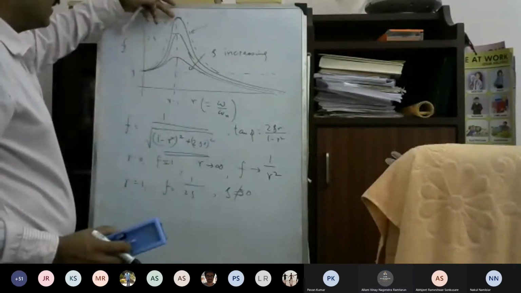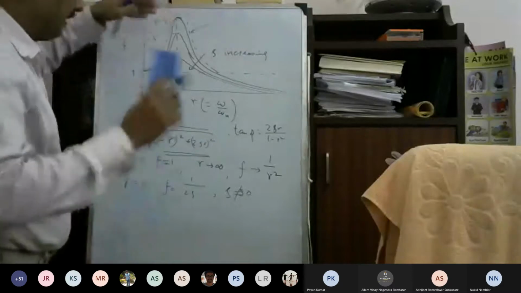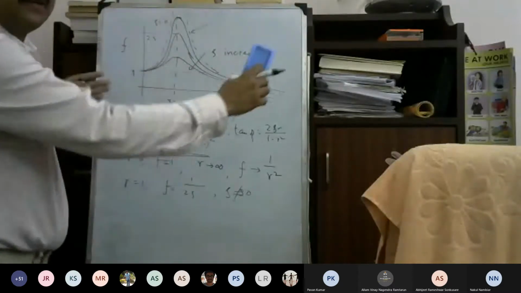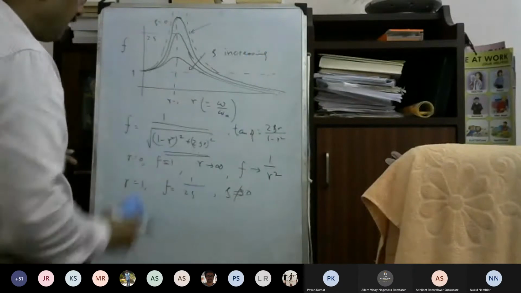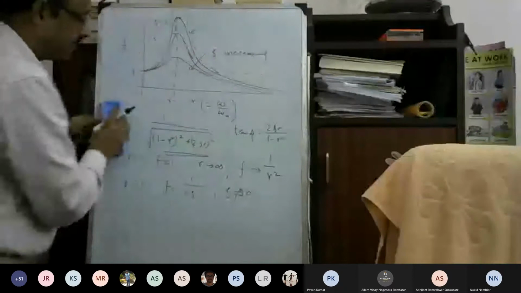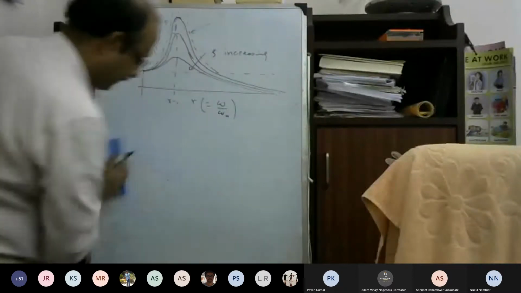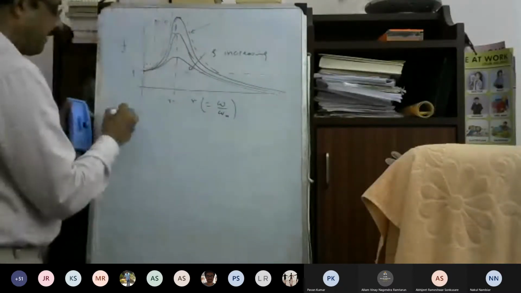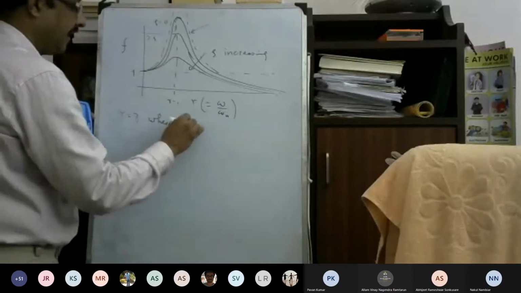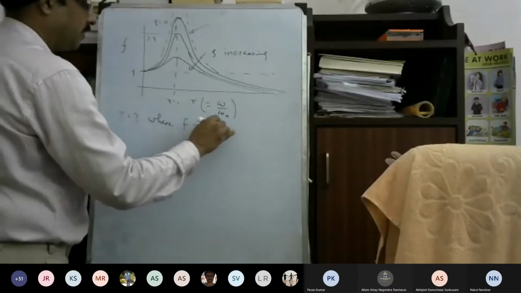What immediately we see is that the peak is going down and it is becoming flat. Now you can check what is the value of the frequency where, so I want to find out what is the value of r where f is maximum.